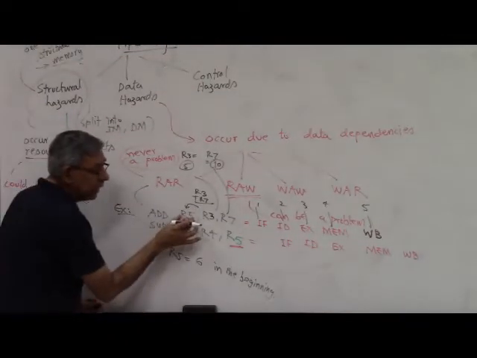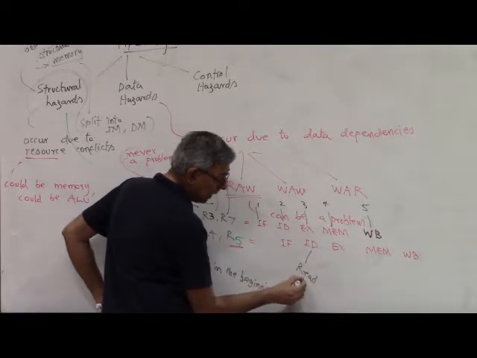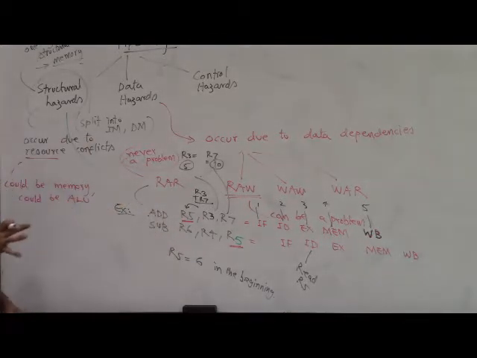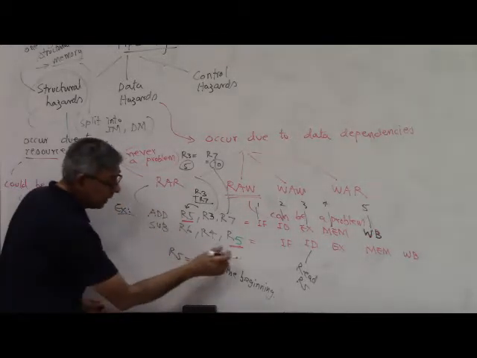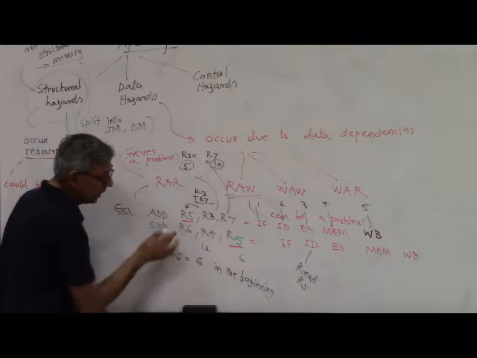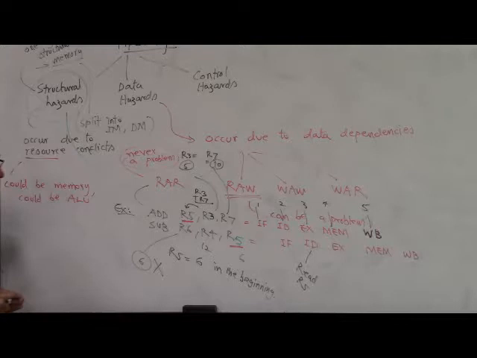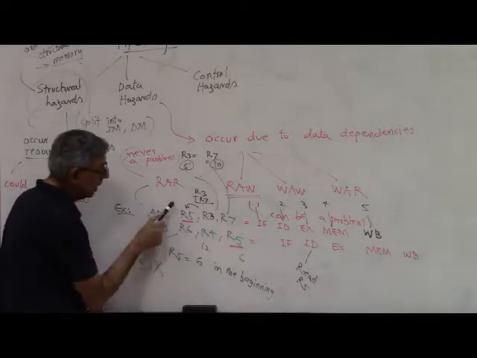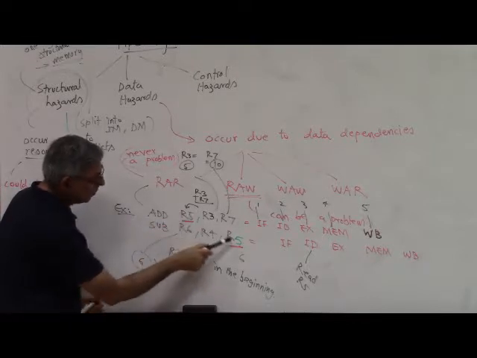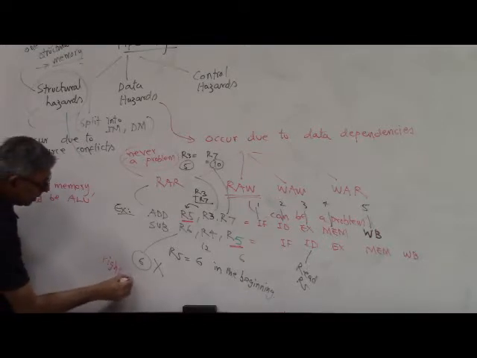If we waited till the 5th clock cycle, because this is where we normally write R5, all the registers are read in the ID phase: we go to the register array and read the data. So this will end up reading 6, right? Suppose R4 has 12 in it, so 12 minus 6 will end up producing an answer of 6, which is wrong. It should have been 12 minus 15, so the right answer should have been -3.